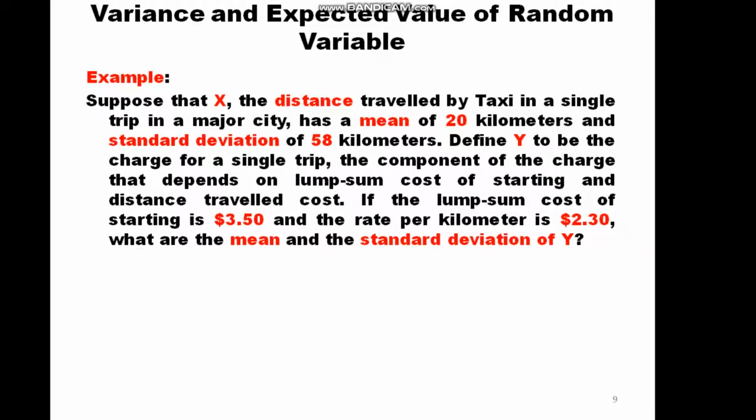The example says, suppose that the random variable x is the distance traveled by a taxi in a single trip in a major city. This random variable x has a mean or expected value of 20 kilometers and has a standard deviation of 58 kilometers.